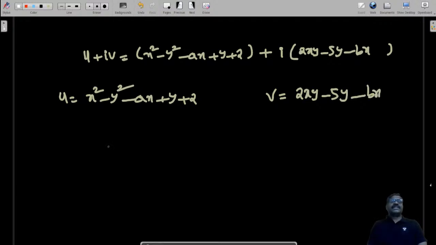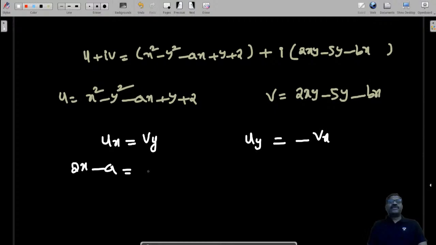If the function is analytic, clearly the CR equations are satisfied: Ux equal to Vy, Uy equal to minus Vx. Now Ux is 2x minus a, Vy is 2x minus 5. By equating LHS and RHS, you will get the value of a is 5.